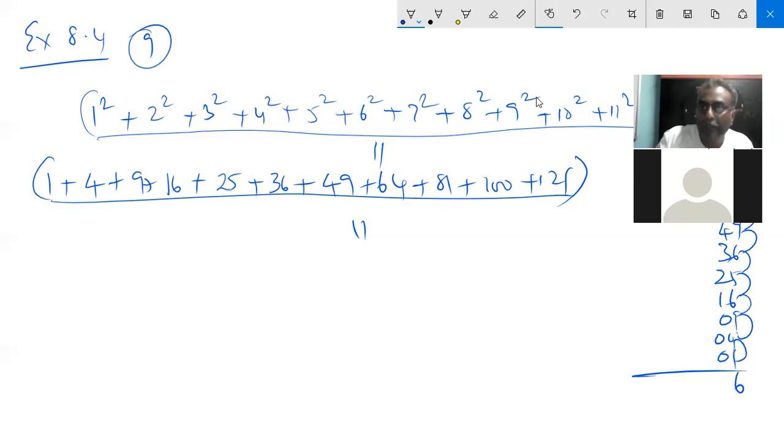Okay, 4. 4 plus 2, 6. 6 plus 8, 14. 14 plus 6, 20. 24, 27, 28, 29, 30. 3 plus 1, 4. 4 plus 1, 5. I think you are getting the sum correctly. 9 sum, you are getting it correctly.